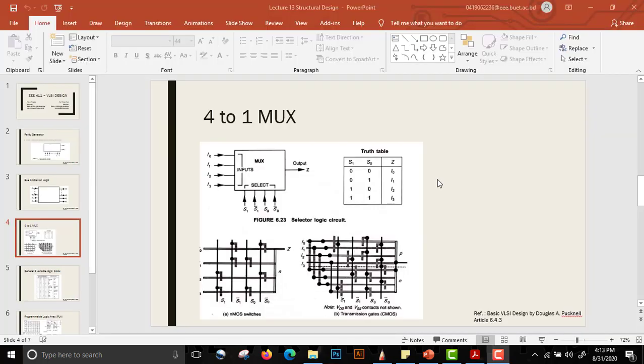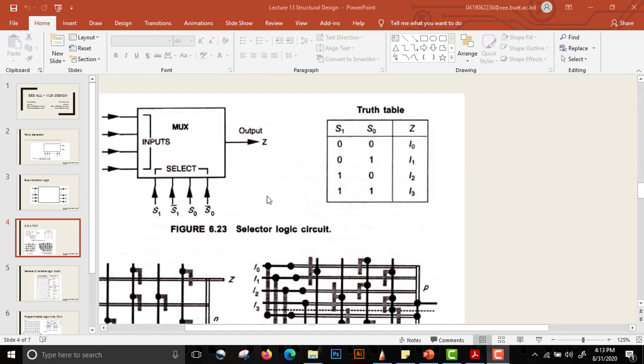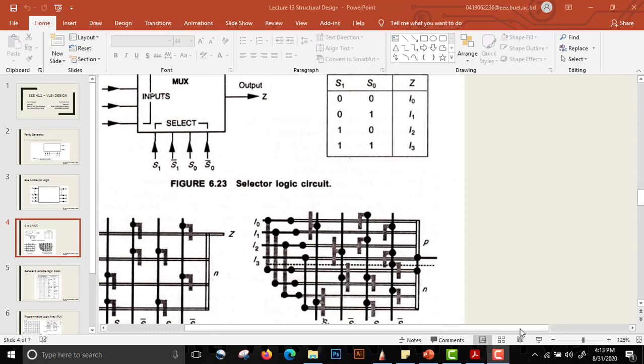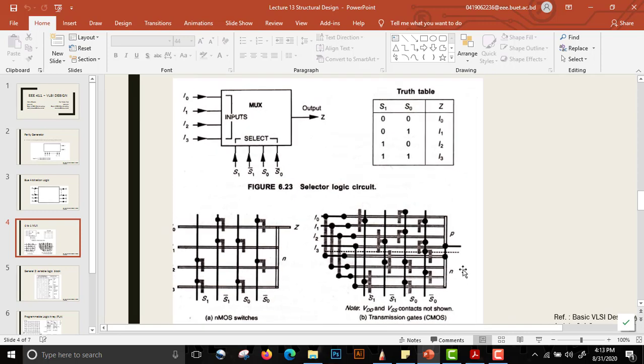The third problem we have in our hand is designing a 4-to-1 mux. Designing a 4-to-1 mux is easy. The logic is that a 4-to-1 mux will have 4 inputs and 1 output.